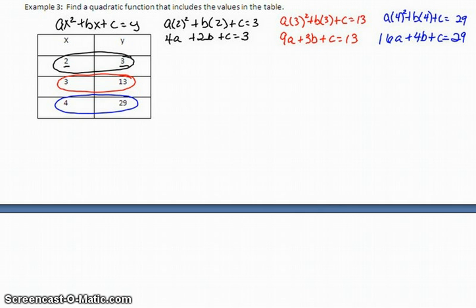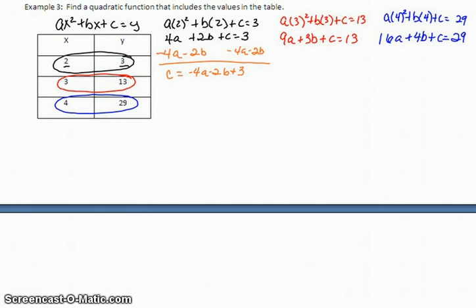So I'm going to subtract 4a and 2b from both sides. I'm left with c equals negative 4a minus 2b plus 3 as my value for c.